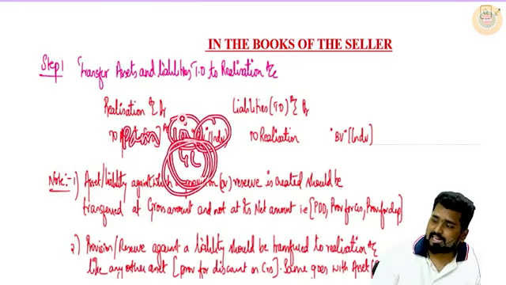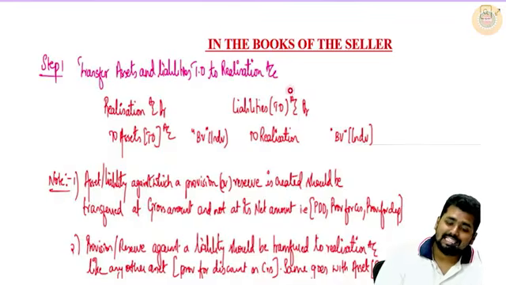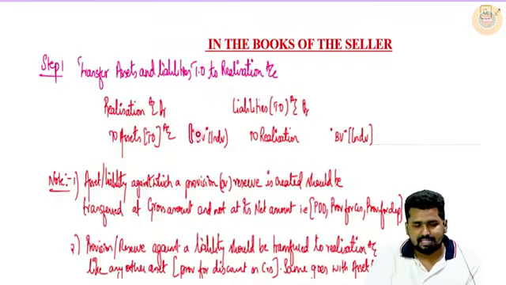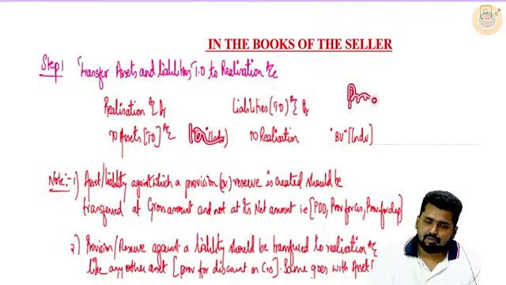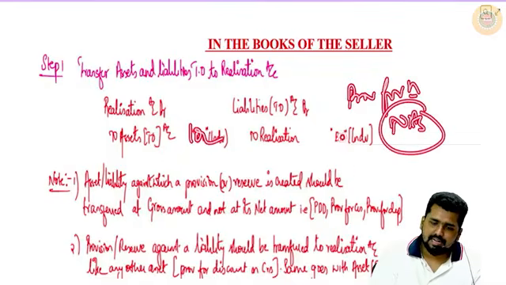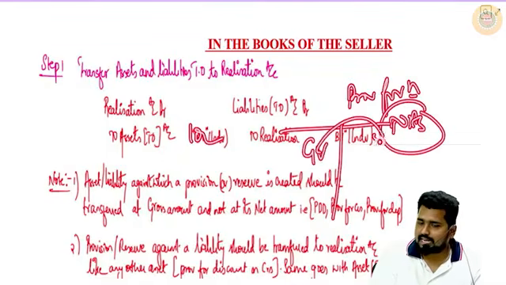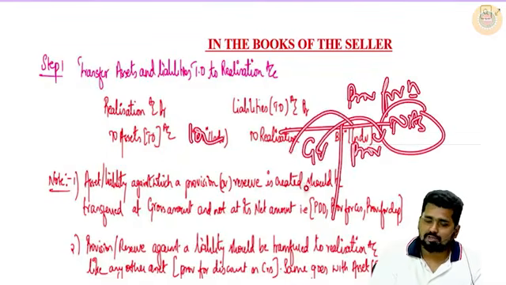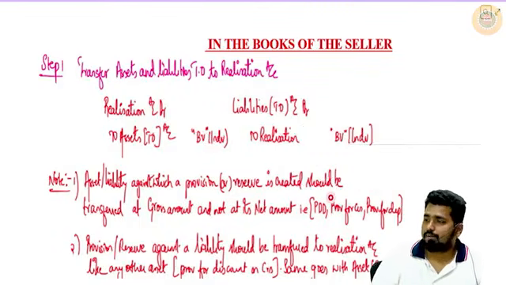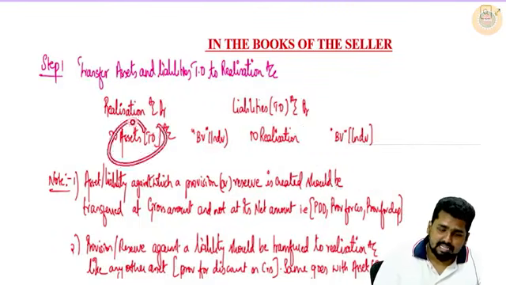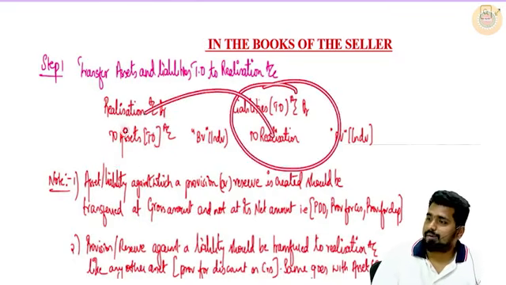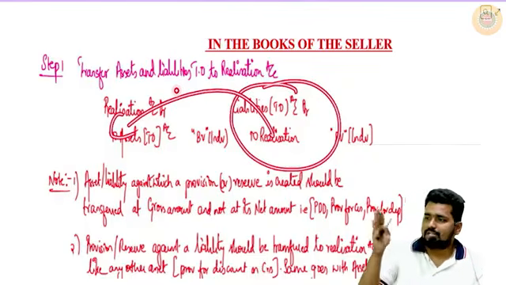Any provision created against an asset should be transferred like any other liability, so that in realization the asset appears at gross and the related provision appears on the opposite side, and that information is available. So all assets and liabilities should be transferred at gross amount. Any provision created against a liability should be transferred like an asset. Clear? So that gross values will be shown.